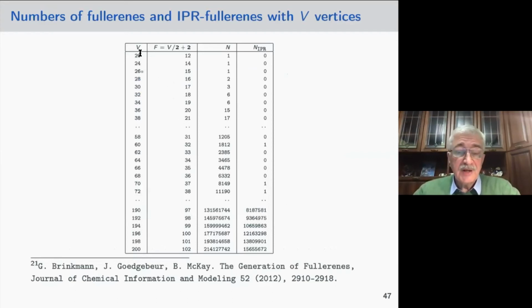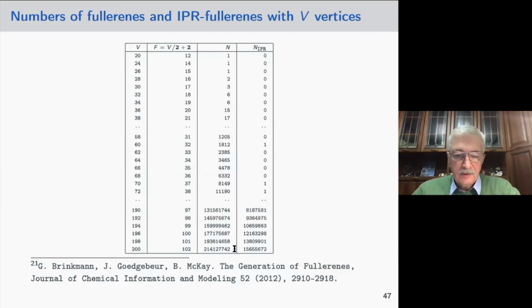With V vertices, the number of faces is V divided by 2 plus 2, which follows from Euler's formula for polyhedra. For V equal 20, there is just one such fullerene, the dodecahedron, and for any even number of vertices except 22, there are fullerenes.